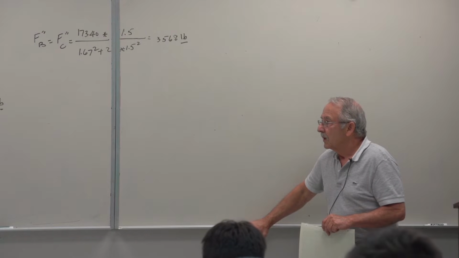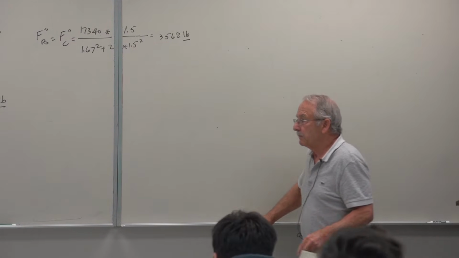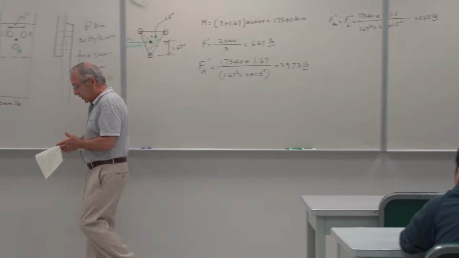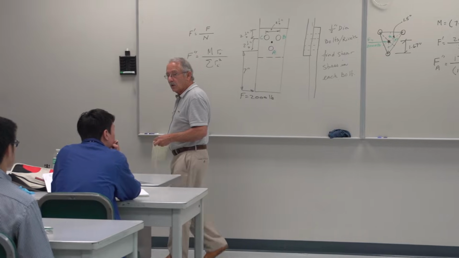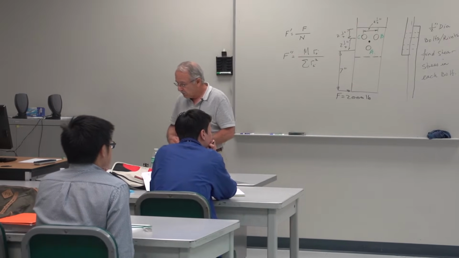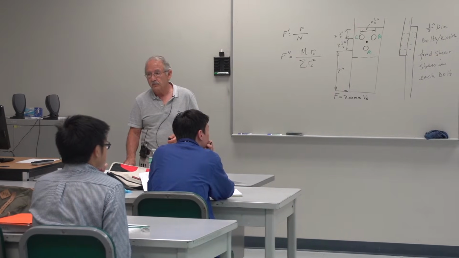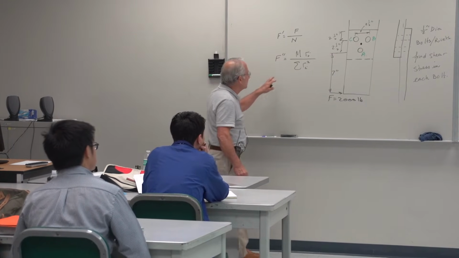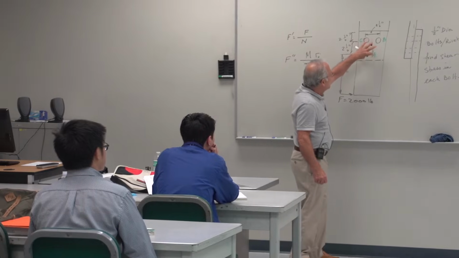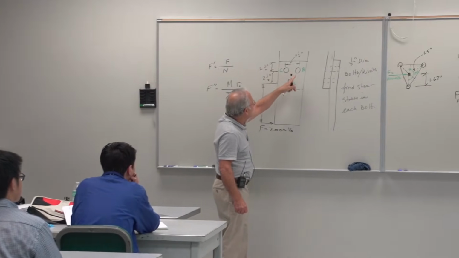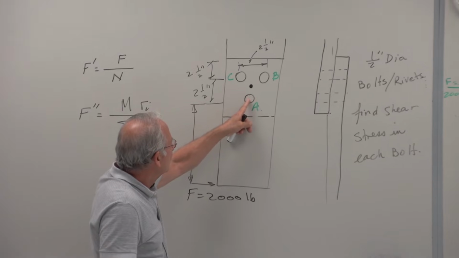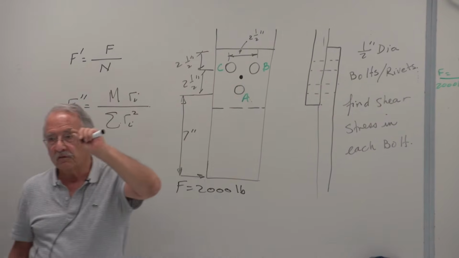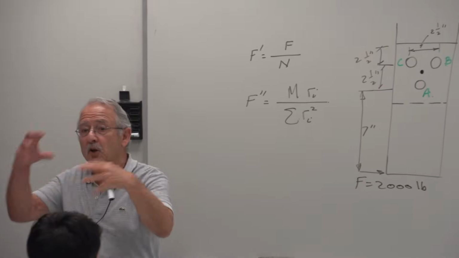Okay. Now, remember that these forces that we have found, secondary and primary, are vectors. And in order to add them, you must do so vectorially. Also remember that we said that the moment here will be resisted by these forces multiplied by the respective distance from the centroid, and then added up.